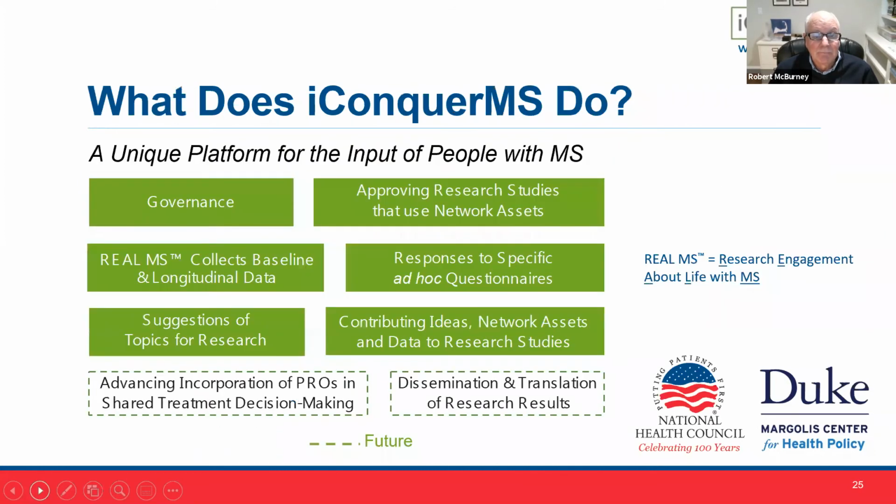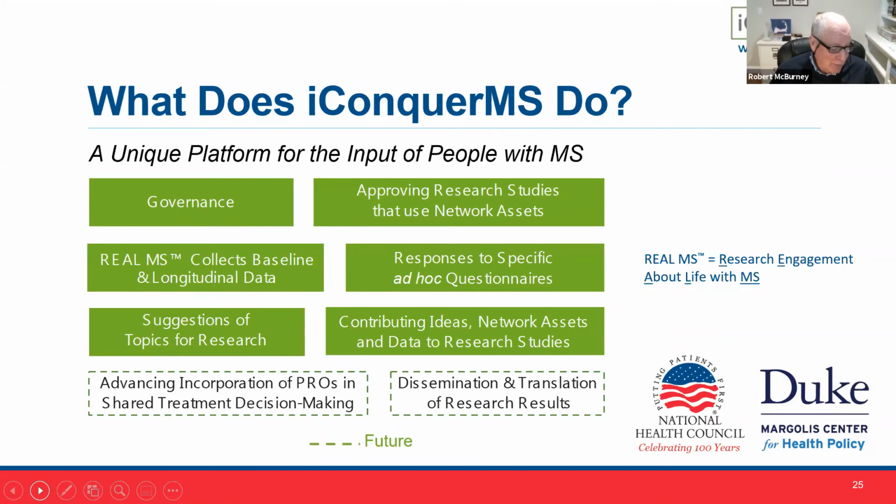Next slide, please. So what does iConquerMS do? Well, a lot of things, too much to document here, but I'll give the areas that we're involved in. Governance is a very important activity of the network. As I mentioned, there's a governing board, and there's a research committee, similar to something that Vanessa mentioned before. There's also an engagement committee. There's something we refer to as the data squad.